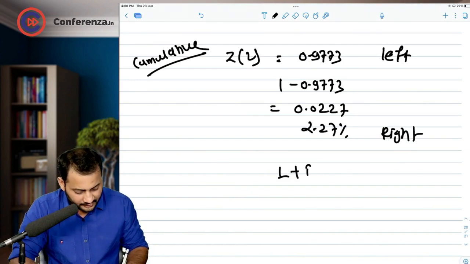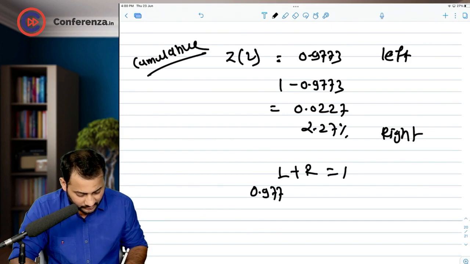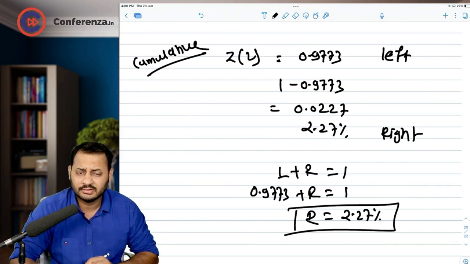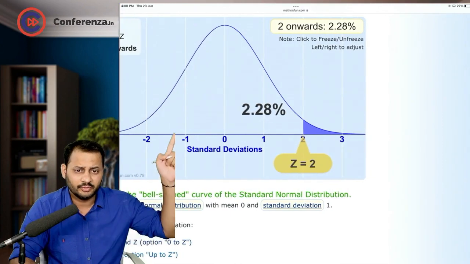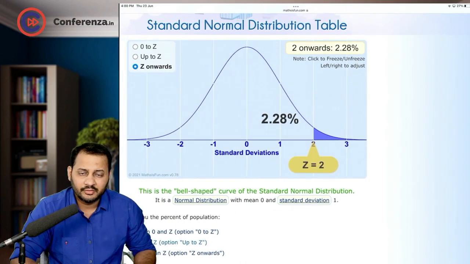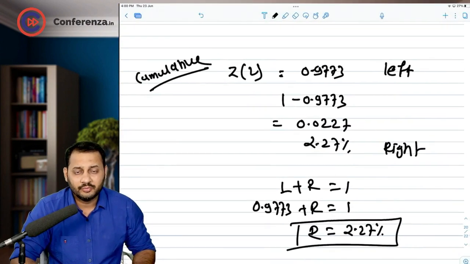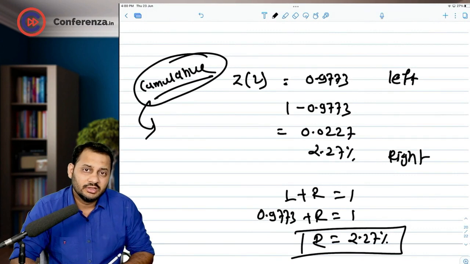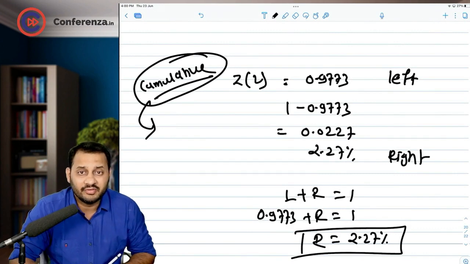Because left plus right is equal to 1, and if you know the figure of the left side, it is very easy to calculate the figure of the right side. 2.27%, that's it. So that is 2.28. Our answer is 2.27. Are you getting it? Please understand, the cumulative figure means it includes the other side as well.